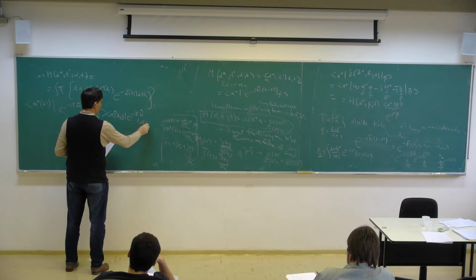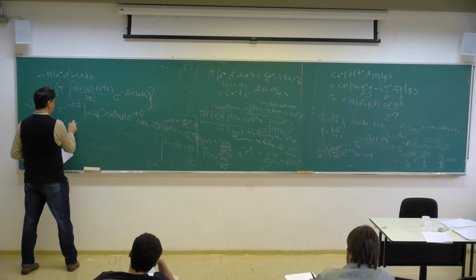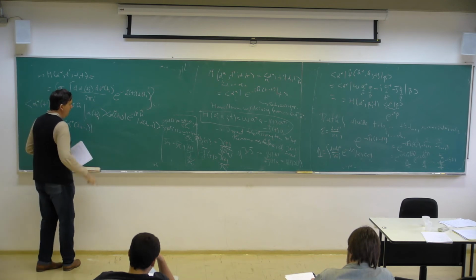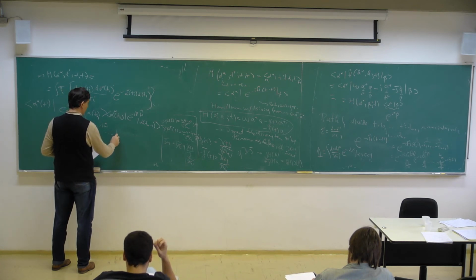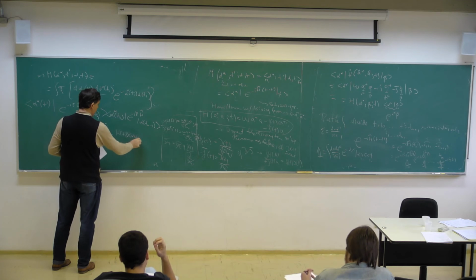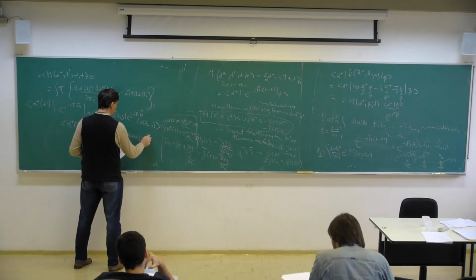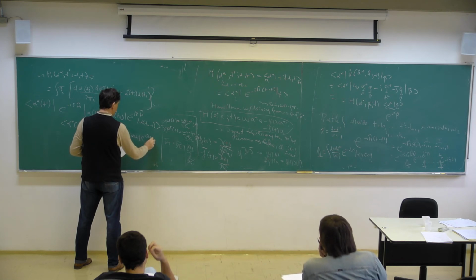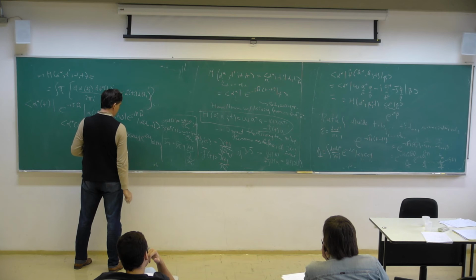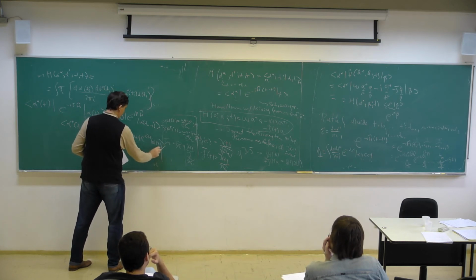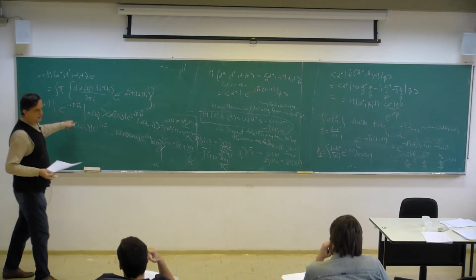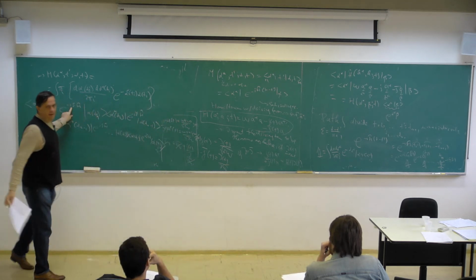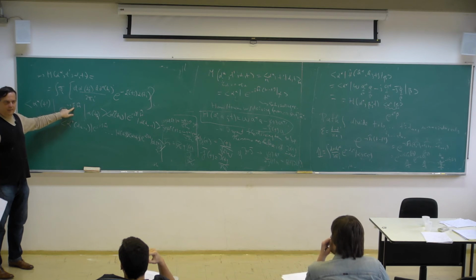So alpha of tn minus 1, alpha star tn minus 1, e to the minus i epsilon H. And so on, until alpha of t1, e to the minus i epsilon H, alpha of t0.